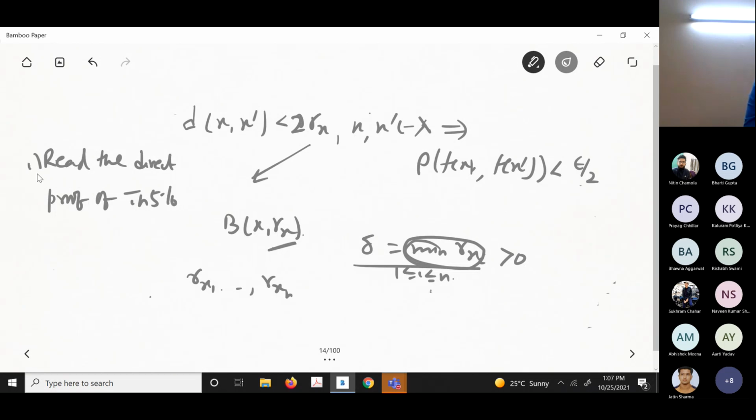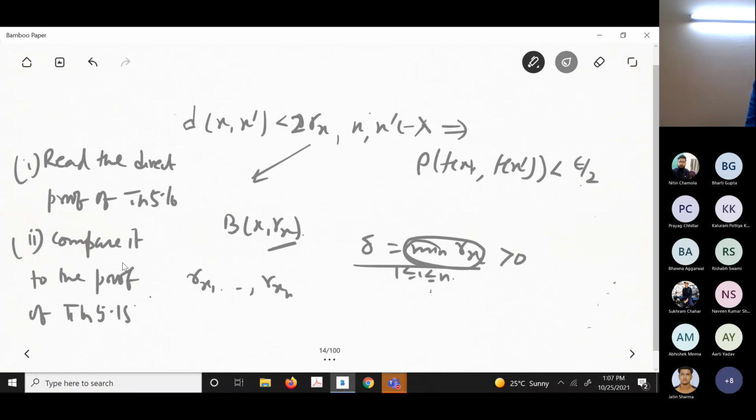First, you do that. Second, compare it to the proof of theorem 5.